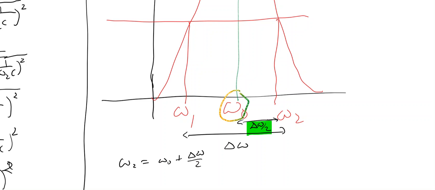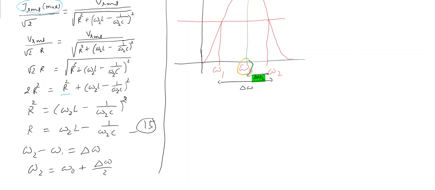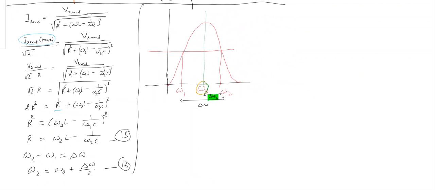Let it be equation 16. In equation 15 I am substituting, and then I can write R as omega 0 plus delta omega by 2, times L, minus 1 by omega 0 plus delta omega by 2, into C.